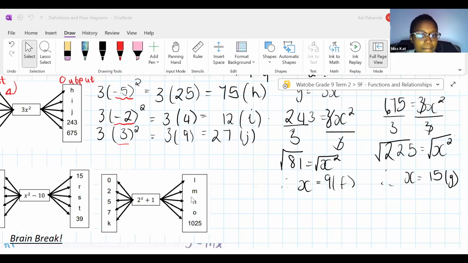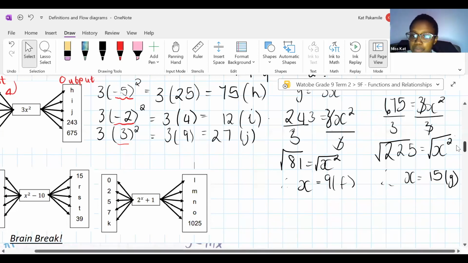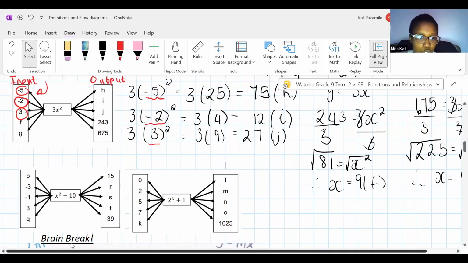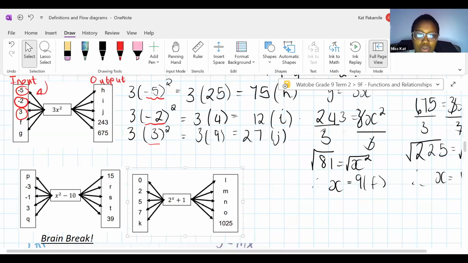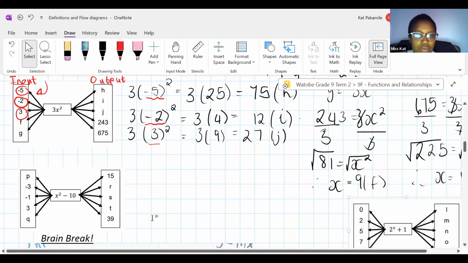Ma'am, can you please re-explain how you got the answer to F and G? Okay. Let me look for space. First things first, I need space over here so that I can explain it again. Let me move this over there.